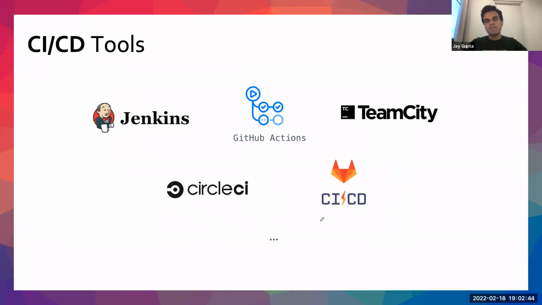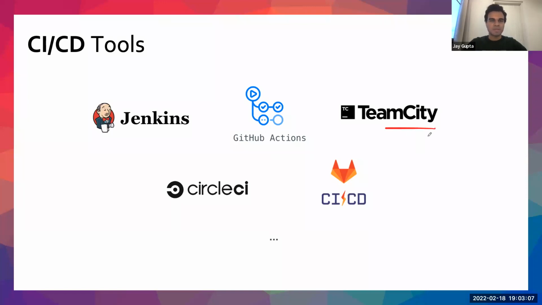Now, there are many CI/CD tools out there which you can use to build the pipelines. Jenkins, it's a pretty common tool. It's an open source automation server. We have GitHub Actions. GitHub Actions is used to build, test, and deploy code right from GitHub. We have TeamCity, by JetBrains.